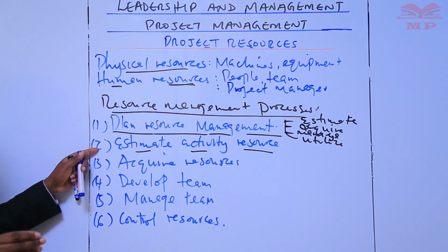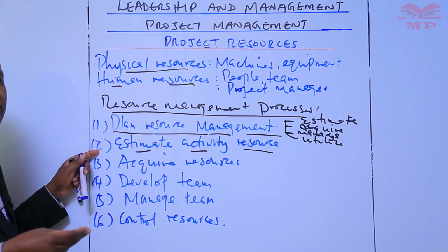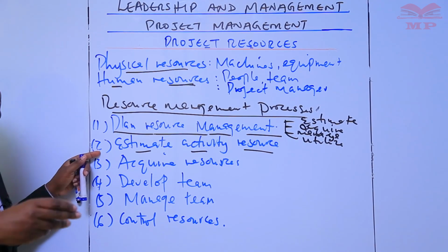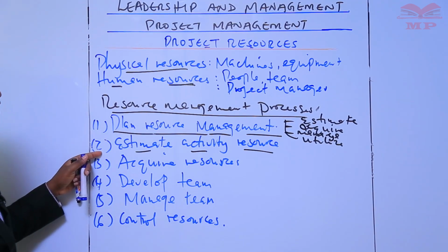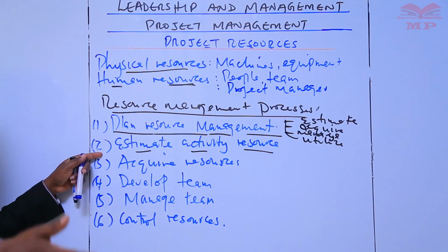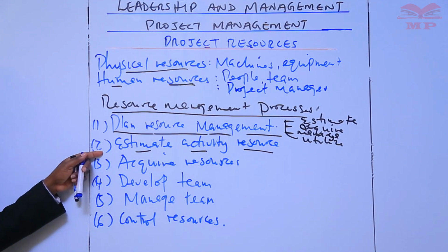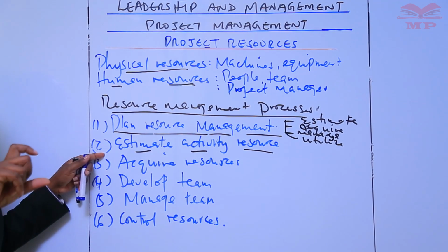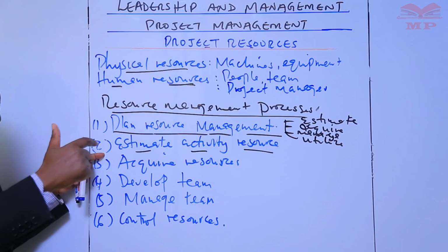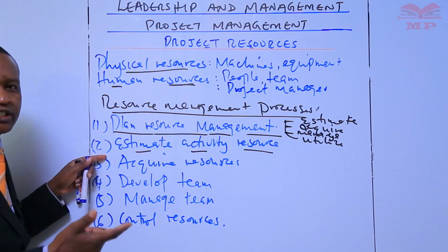And the activity may be performed periodically throughout the project as needed, okay? So the estimate activity resource process is closely coordinated with other processes such as the estimate cost process.